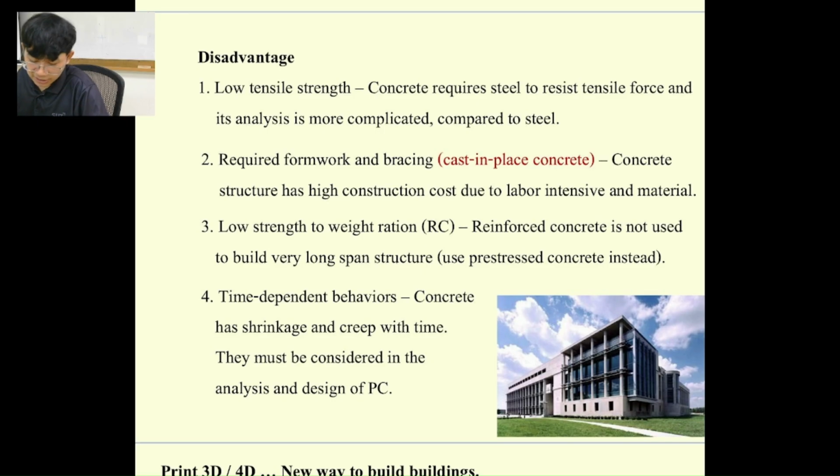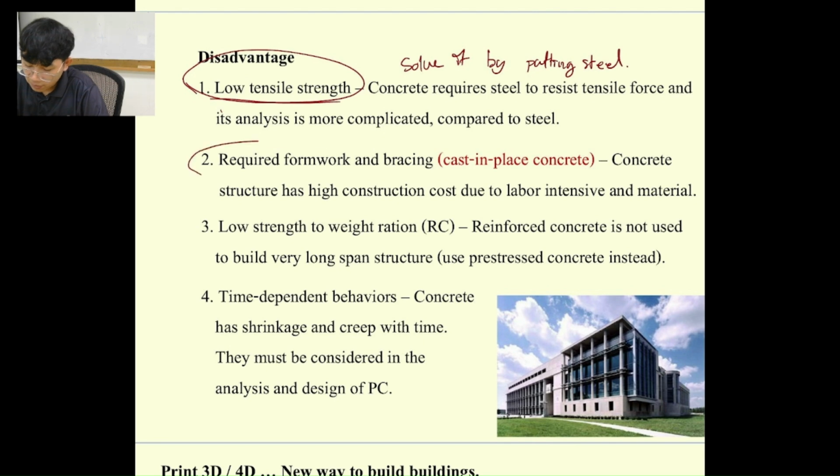For the disadvantages, we have low tensile strength, but we solve it by putting steel inside. Second, it requires formwork and bracing, and we also fix this by using precast right now.